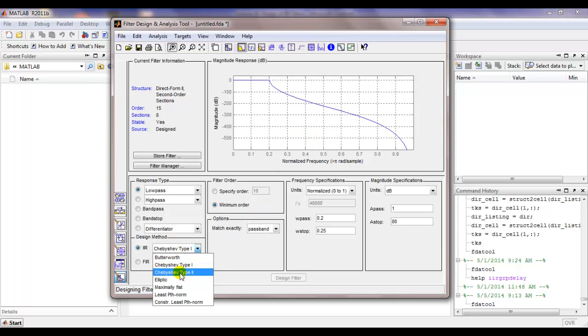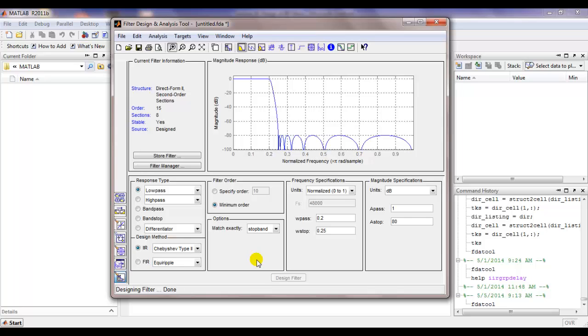I can go to Chebyshev type 2, which will replace the ripples in the pass band with the ripples in the stop band, depending upon what your application specifications are. In some cases, you want to make sure that the frequencies that you are letting pass don't get distorted at all, and at the stop band edge, a little bit of attenuation or less attenuation doesn't matter. So I'm going to do Chebyshev type 2, and this is what you get. And you get the familiar kind of ripples that you saw earlier in the stop band that you saw for FIR filter.